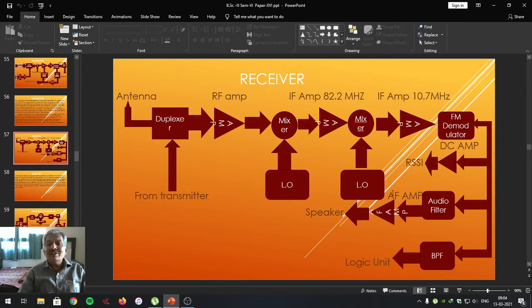To the mixer oscillator, again local oscillator frequency is provided. Both will beat here, again undergo superheterodyne principle, and it generates the required frequency band of 10.7 megahertz. We are well aware of this particular band of frequency, that is, it is a radio frequency band 10.7 megahertz.